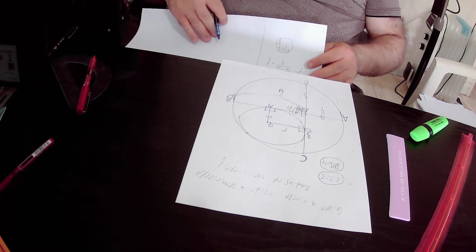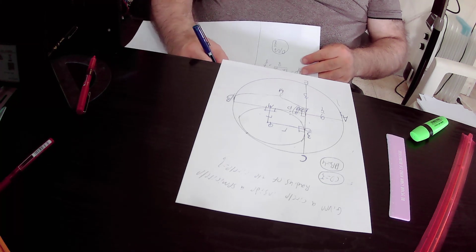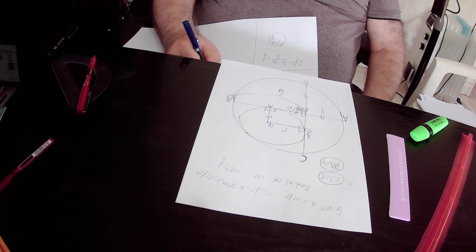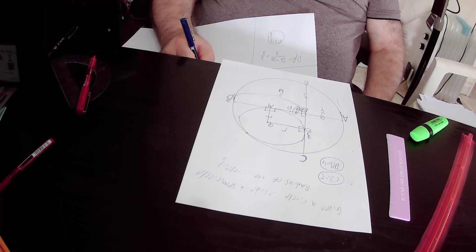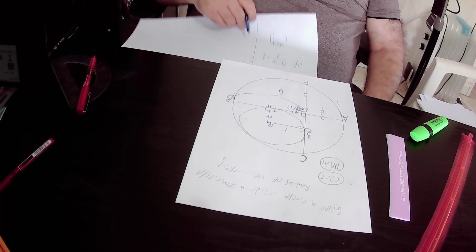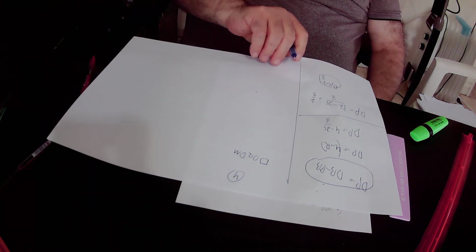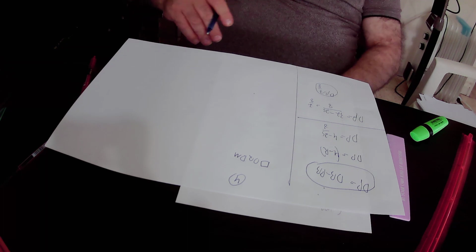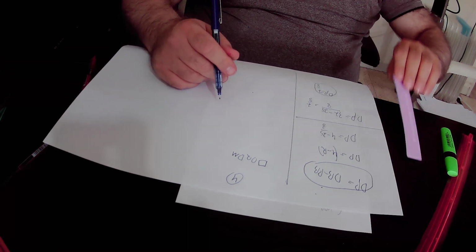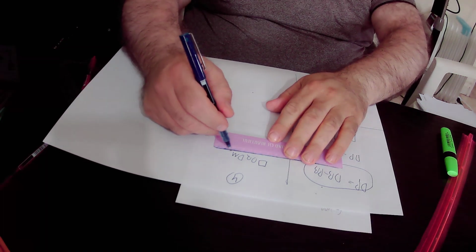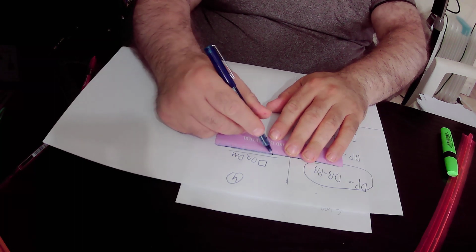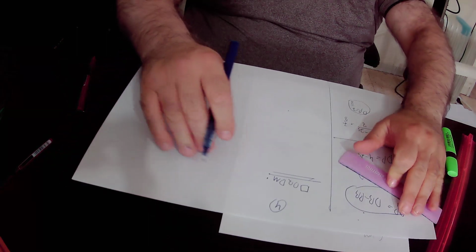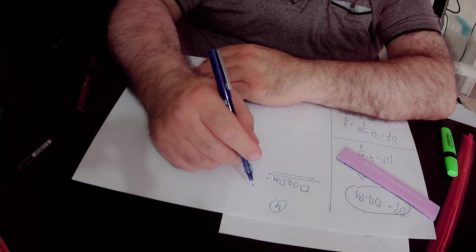In quadrilateral OQDM, we have three right angles.